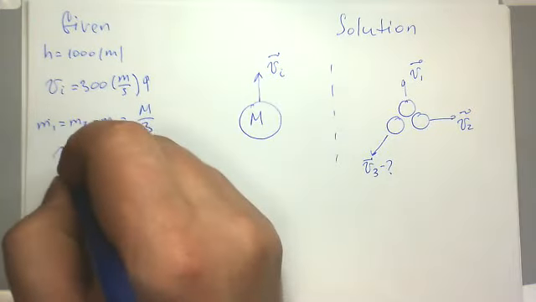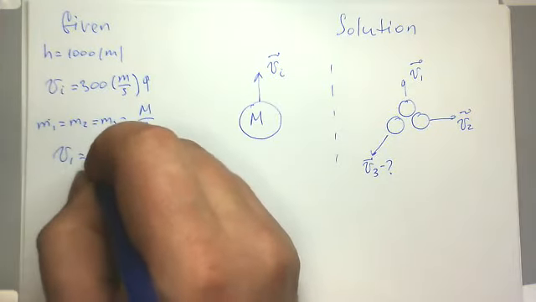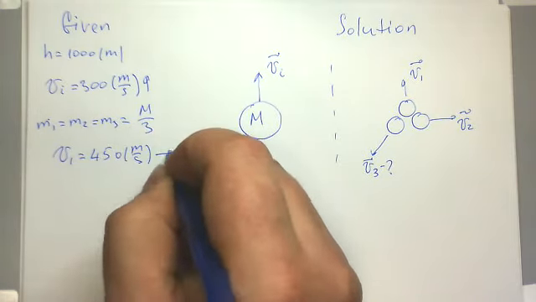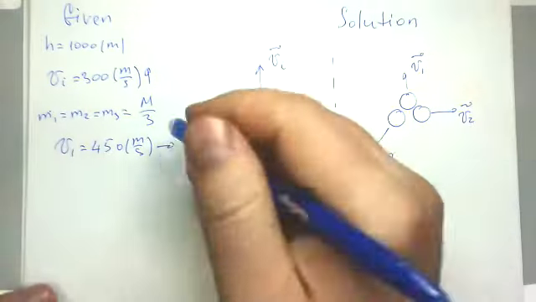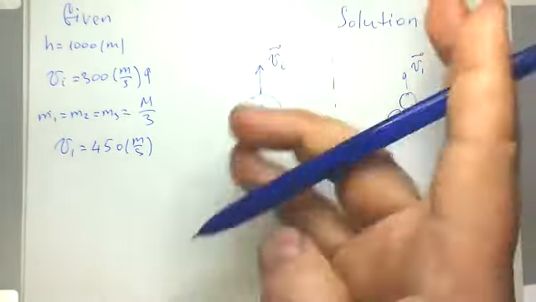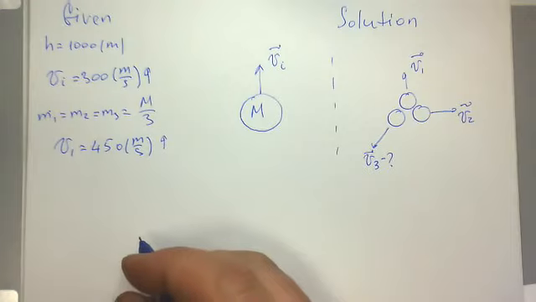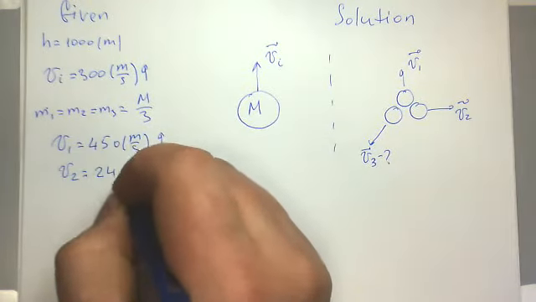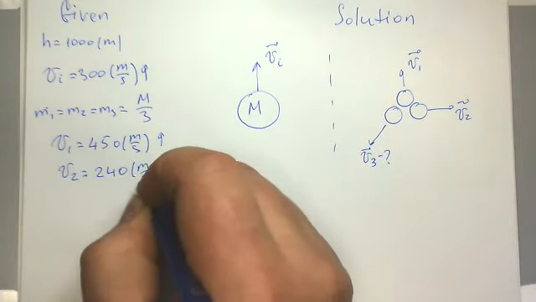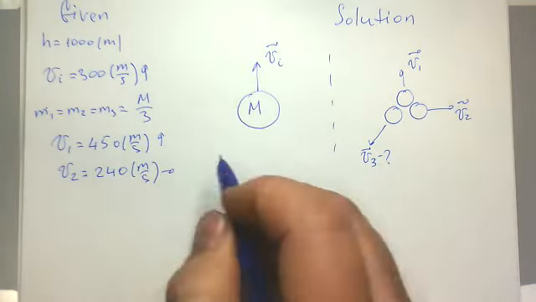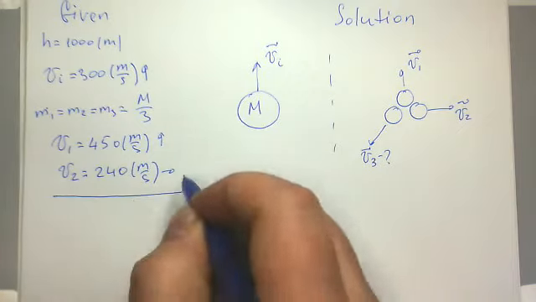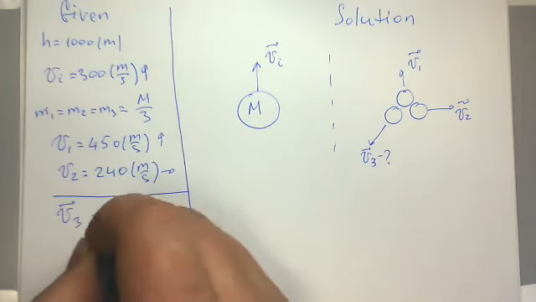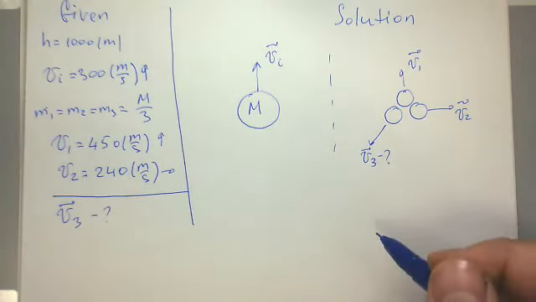So v1, the speed of the first piece, is 450 meters per second, and it is directed upward. V2, the absolute value of this velocity, is 240 meters per second, and it is directed to the right. So we need to find the velocity v3, the velocity of this third fragment of the rocket.